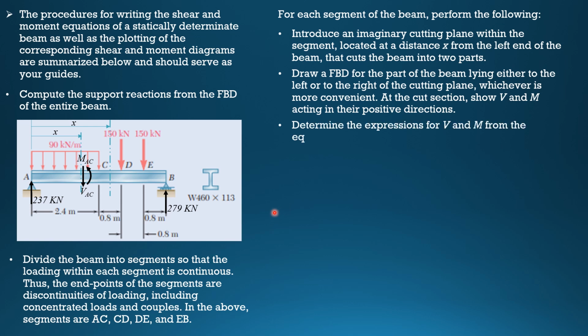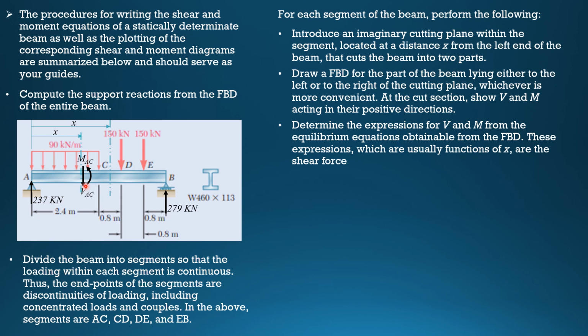Determine the expressions for shear and moment from the equilibrium equations obtainable from the free body diagram. So later on, as you become accustomed to drawing or imagining the free body diagram of the section, there will be shortcuts for setting up the shear and moment equations.